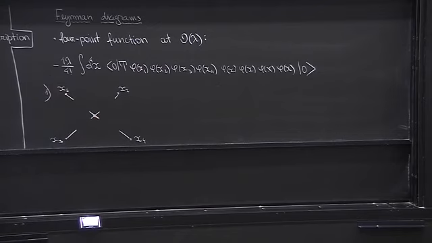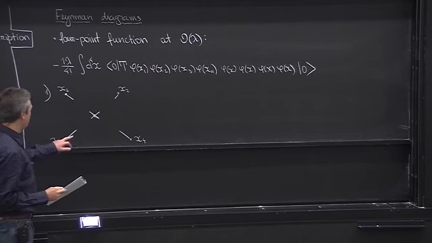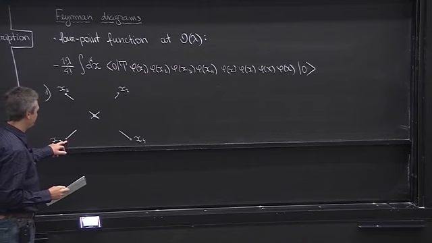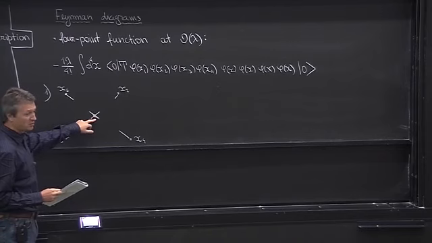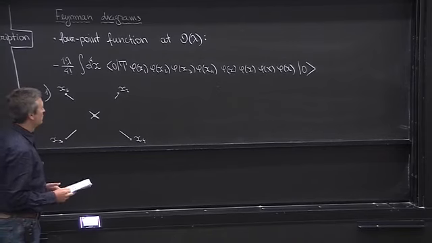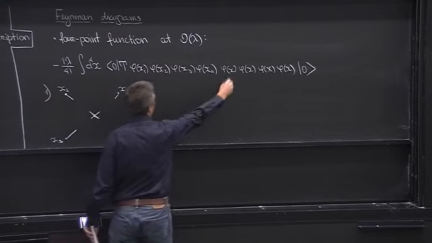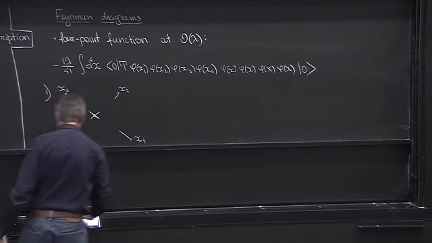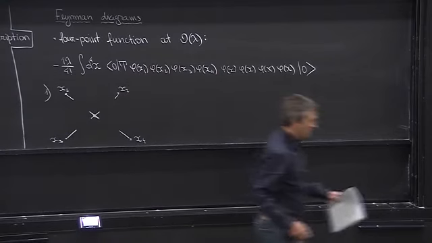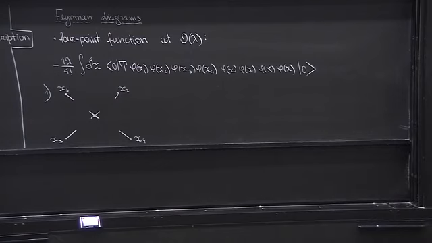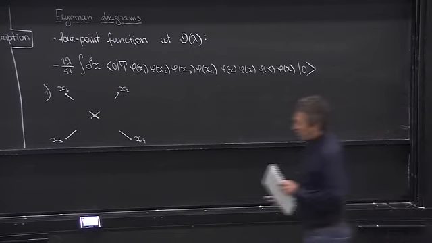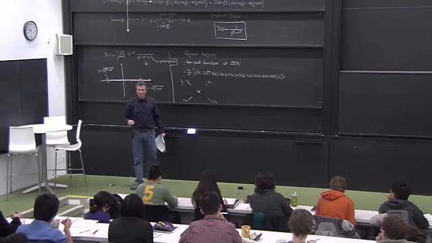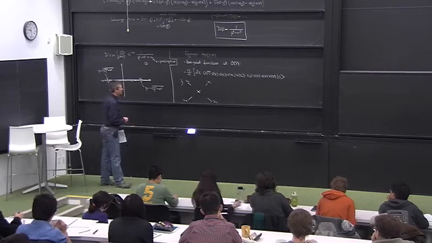Now the combinatorial problem is to connect the external points to this vertex in all possible ways. Okay, we actually draw the contractions, but at the end, this can be depicted as connecting the lines. So in how many ways can we do it?